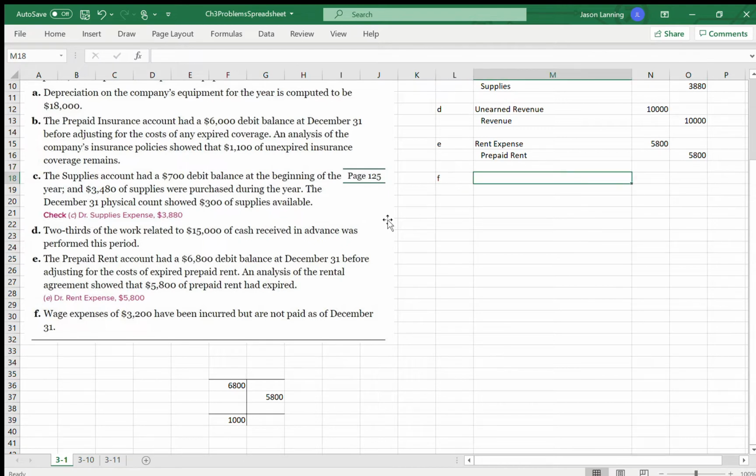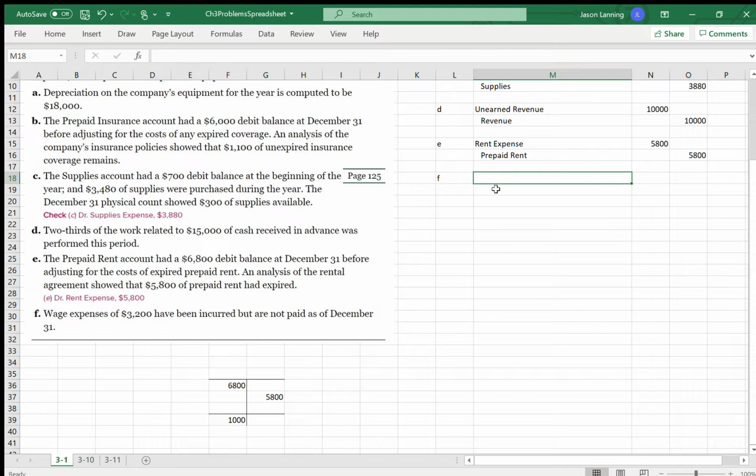And for this, wage expenses of $3,200 have been incurred but are not paid as of December 31st, which means essentially we have these wages we owe, but the pay period doesn't come until after this period ends. So the $3,200 we owe for that is going to be a liability. It's going to be a credit to wages payable.